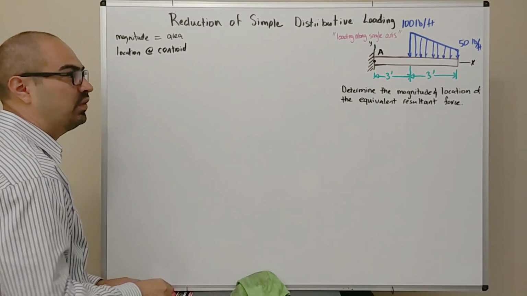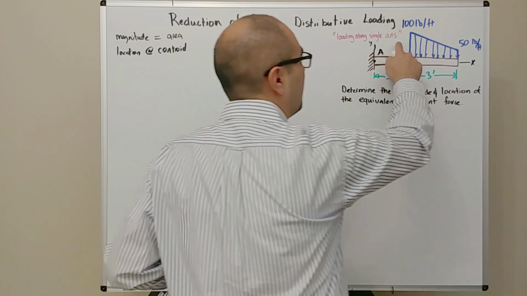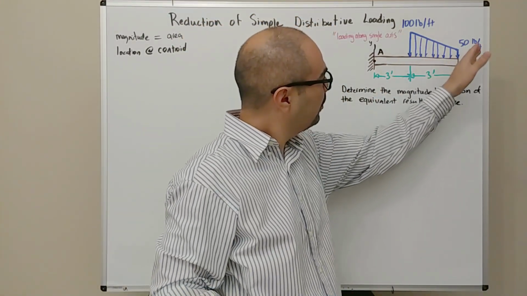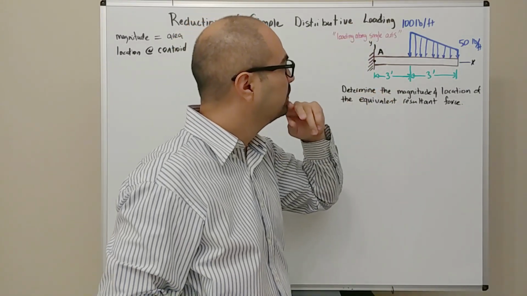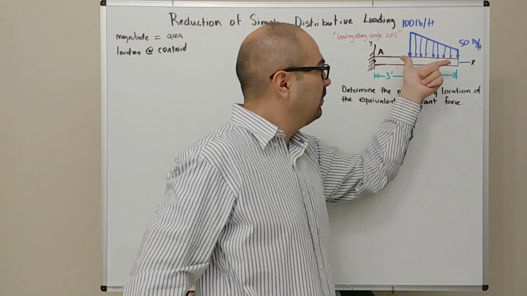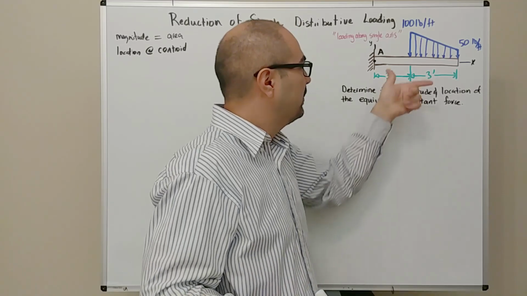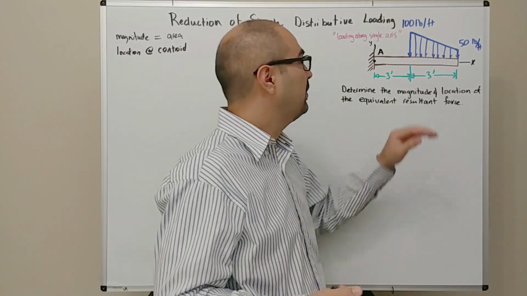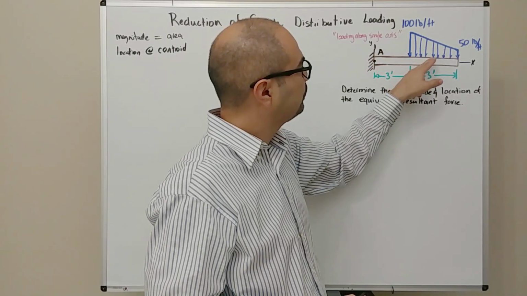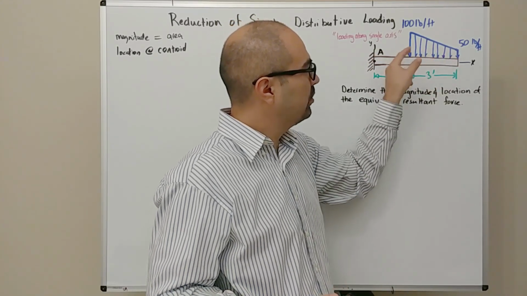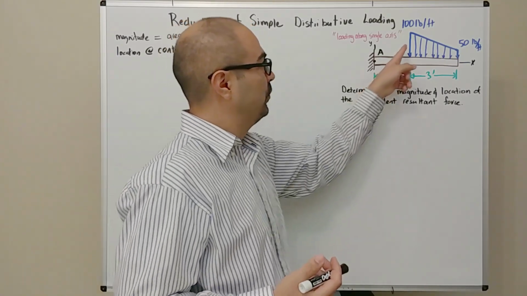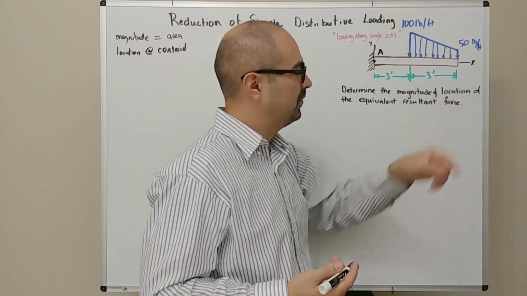So the first step in solving these types of problems is looking at your distributed loading over here. Because what we're trying to do is calculate areas, the best approach is to divide this into simple shapes so that it's easy to calculate the areas, because I, for one, don't remember how to calculate this area over here.